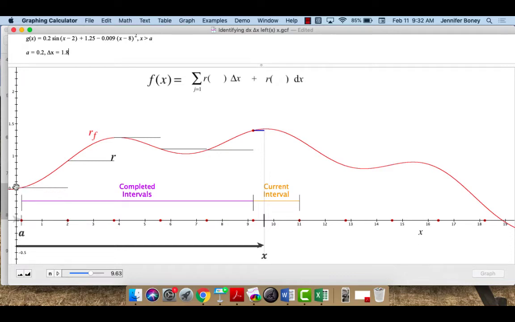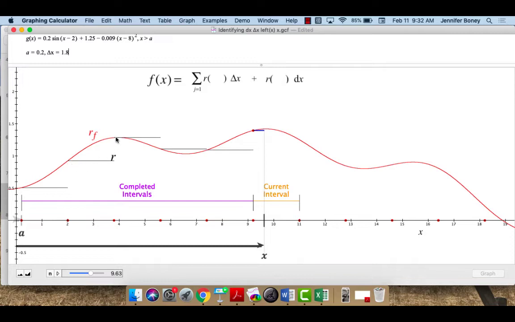The height here is r of a, the x-coordinate's a. If I'm looking at this one, the x-coordinate would be a plus 1 delta x. So a plus delta x is this spot on the x-axis, and the y value here is r of a plus delta x.